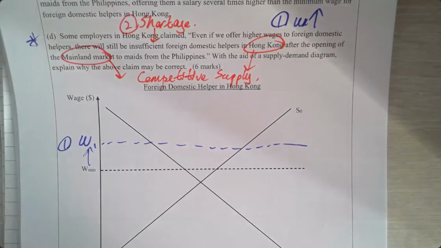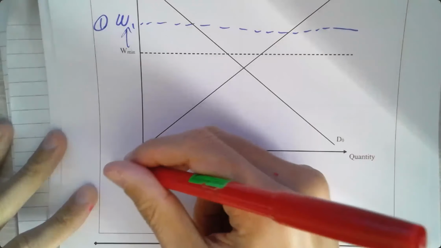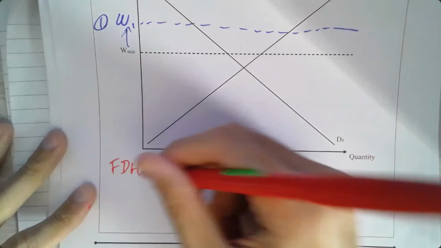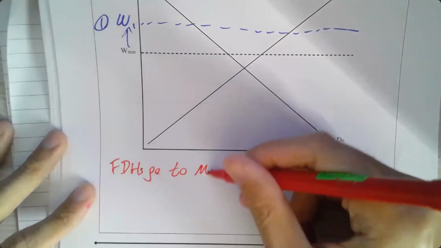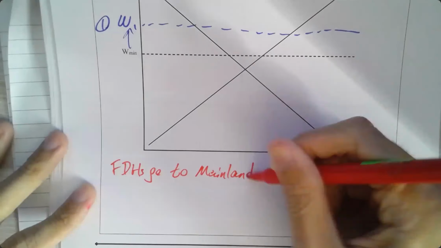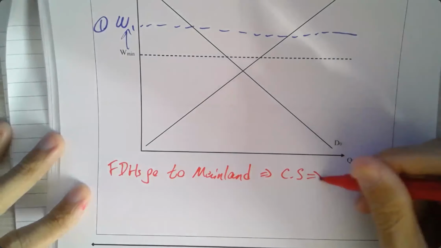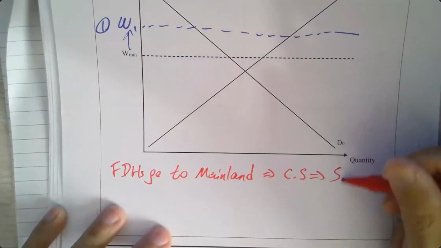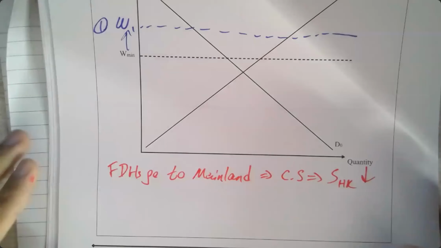Because the mainland becomes more attractive, as foreign domestic helpers go to the mainland, the supply in Hong Kong is going to drop.